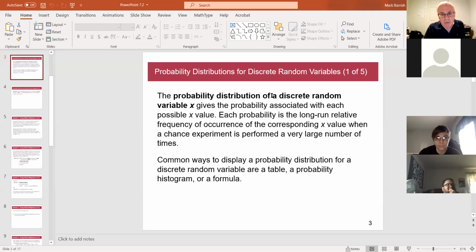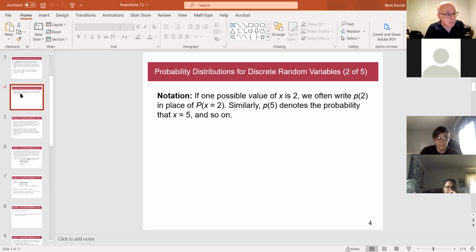For a discrete random variable, that means there's a limited number of values, outcomes, for that random variable. Typically, it's a count. We're counting the number of values. That would be the random variable. And each one of them has a probability. All right. When we get to continuous random variables, the concept's a little different, but we'll get to that in a little bit.